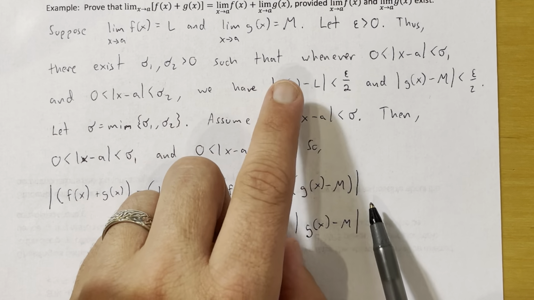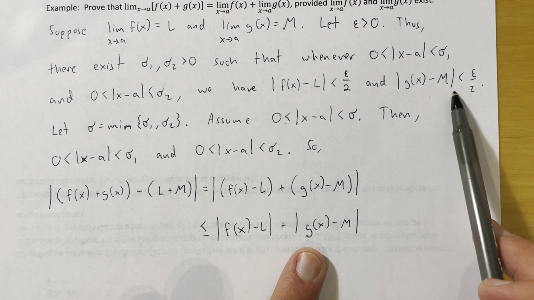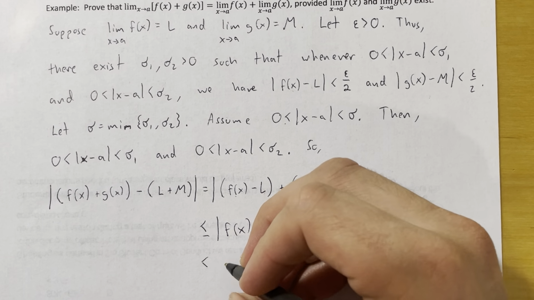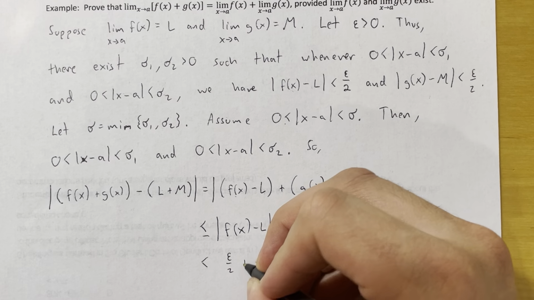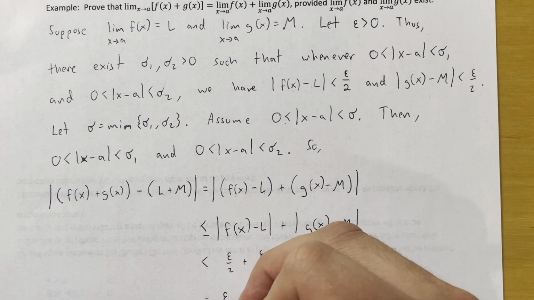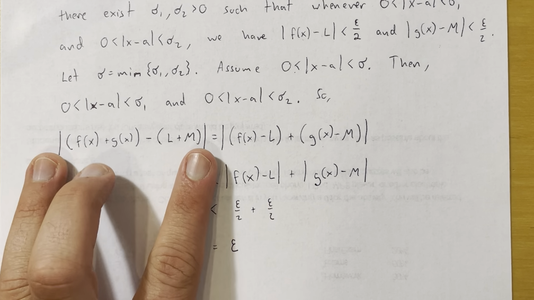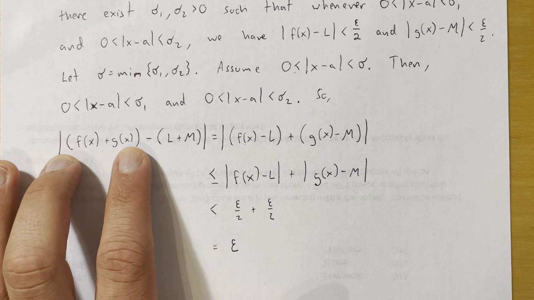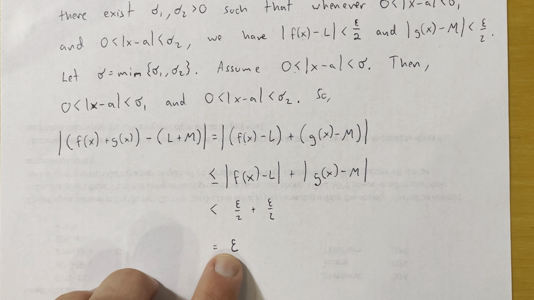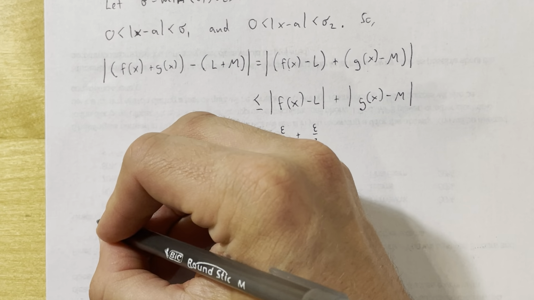I know that this one is less than epsilon over 2, and this one is also less than epsilon over 2. So the sum must be less than epsilon over 2 plus epsilon over 2, which is equal to epsilon. So the end result is that the absolute value of f of x plus g of x minus (L plus m) is less than epsilon. By definition, that means this.